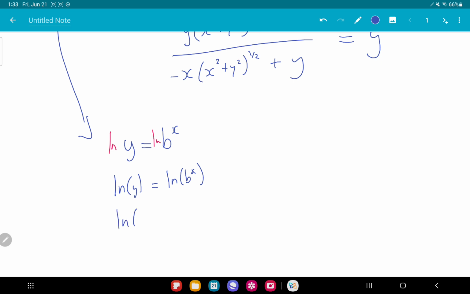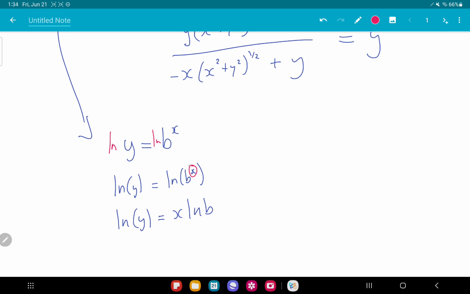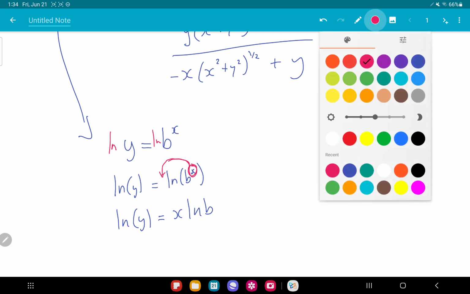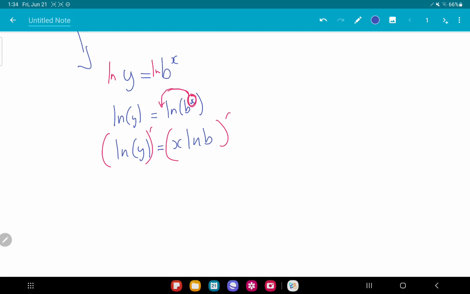Now I can use my rule of logarithms that you learned in Sec 5, which says that this exponent can come in front. Okay, now I can do the derivative of both sides. So on the left, I'm going to have a chain rule. You got 1 over y times y prime.